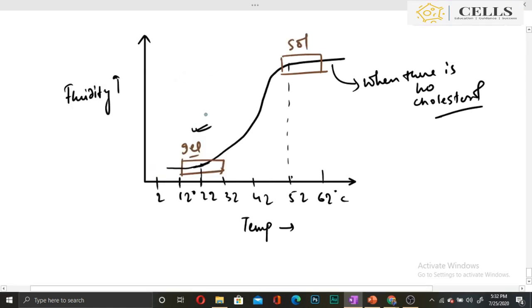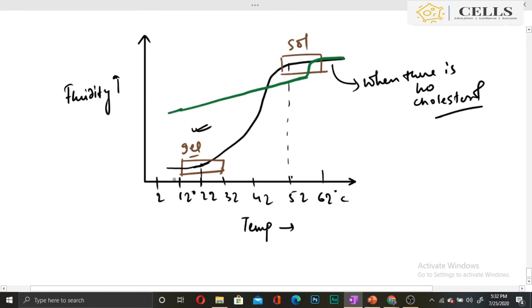So they will try to maintain it in a similar condition from 12 to 62. After that, they can't. Then it will be converted to sol form.